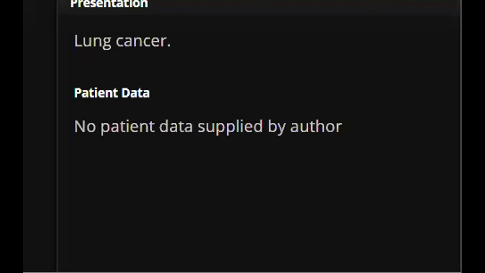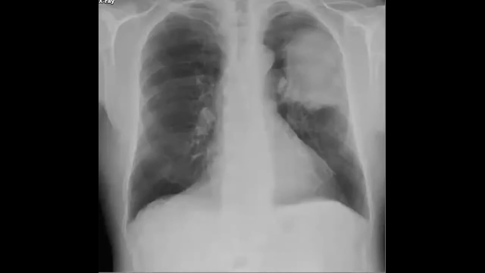Let's see this case, a plain chest radiograph. For this patient, what is a good differential diagnosis you will put?